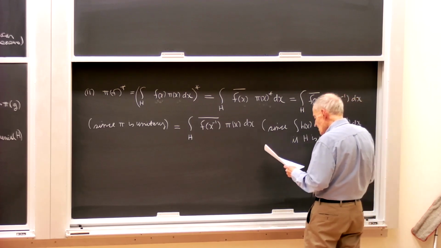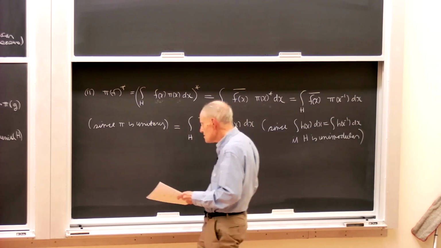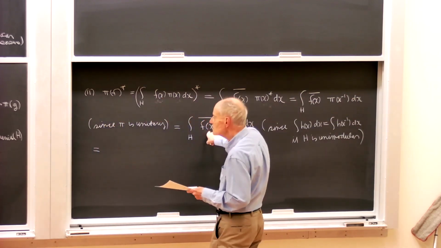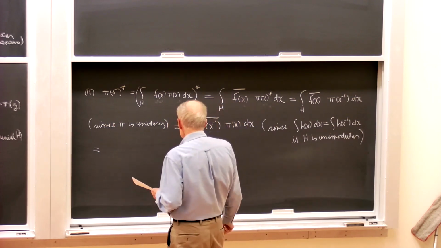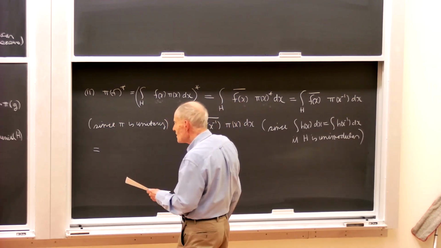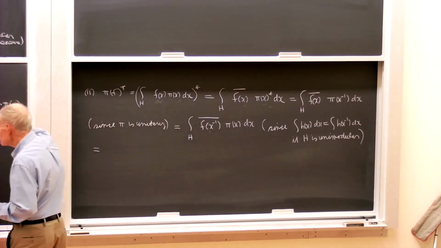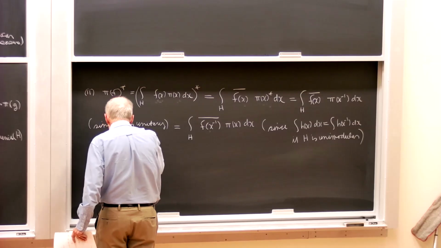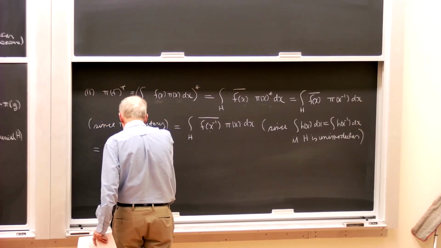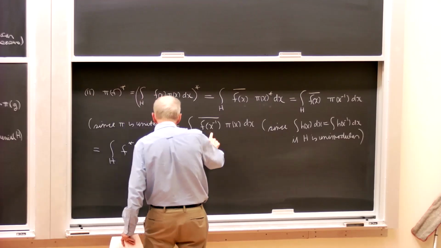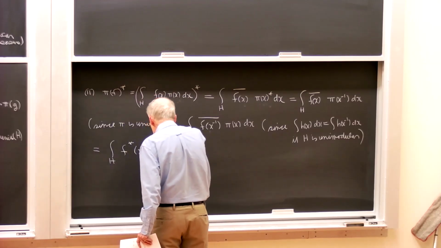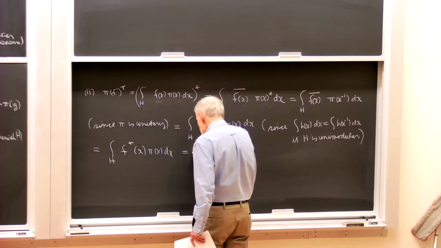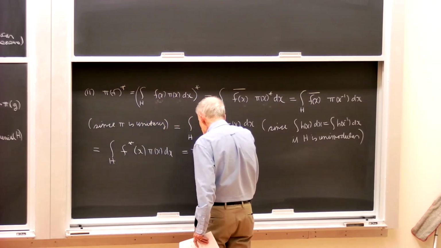All right. So this is equal then to, we've got, yes, that's my star operator on f, pi of x dx. So in fact, that is pi of f star.